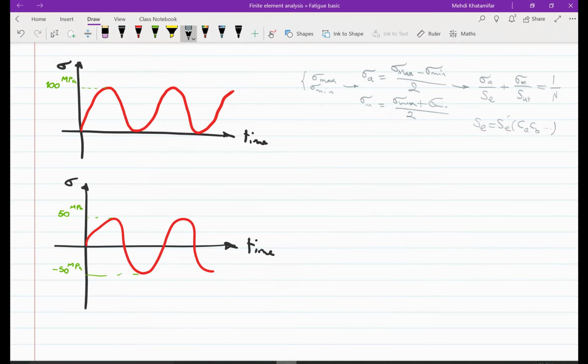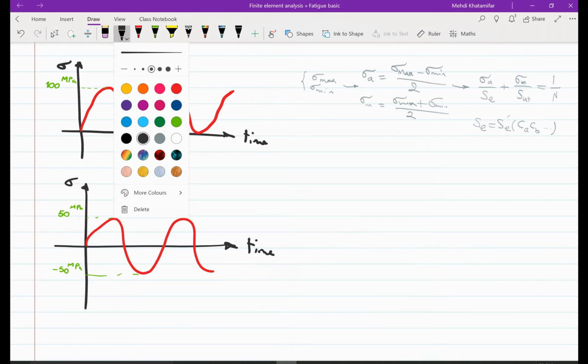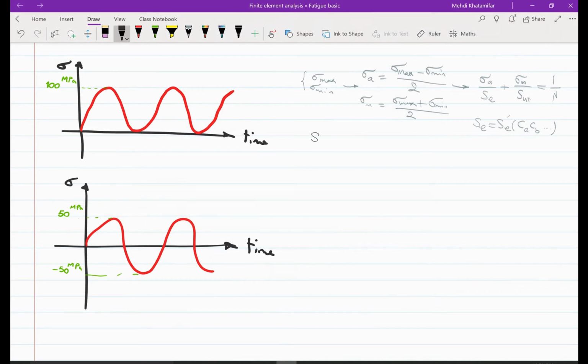Let's write it down. So we found that SY for our material, which is structural steel, is 250 megapascal. What else do we need?